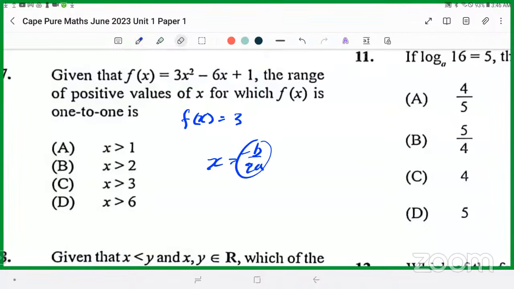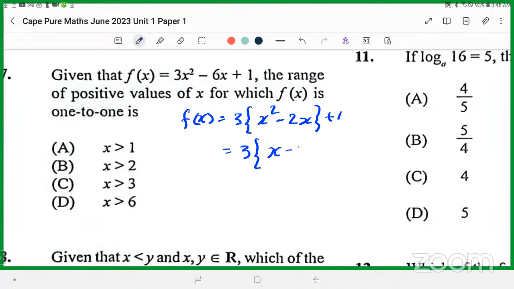But if you complete the square, you're going to find it still: x squared minus 2x plus 1. So if you complete the square inside here, you're going to get 3 into x minus 1 squared, and you're subtracting the square of this, which is 1, and then adding back 1 out here.